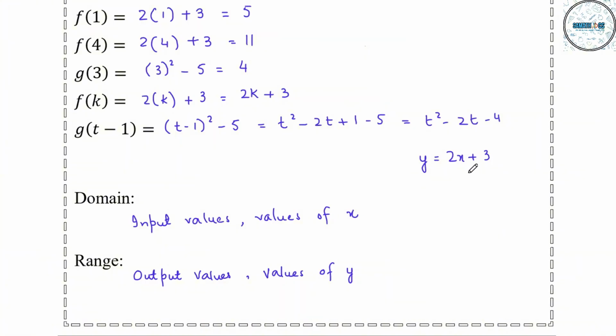So it's the same, it's a function of x. Range is also called image set. In this case, 5, 11, and 2k plus 3 are the values in the image set for the function f. 4 and t square minus 2t minus 4 are the values of y in the image set for function g.